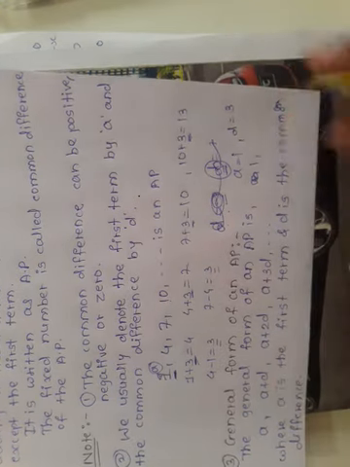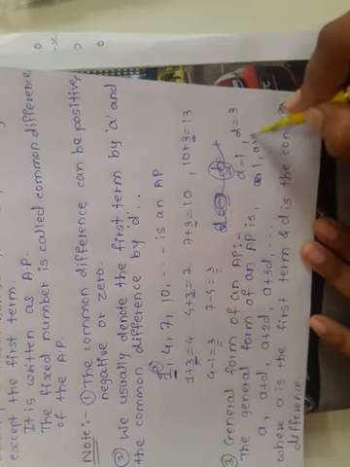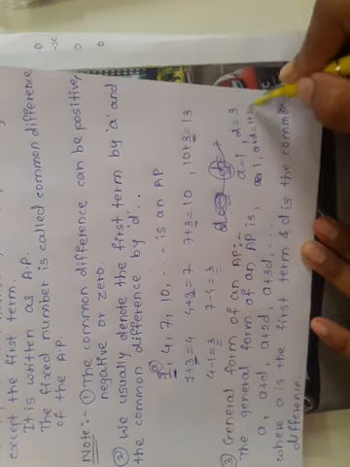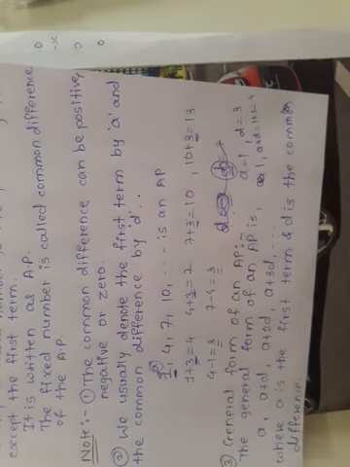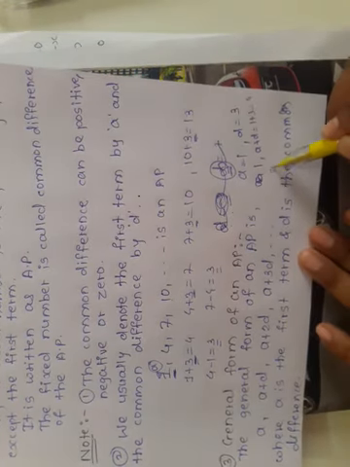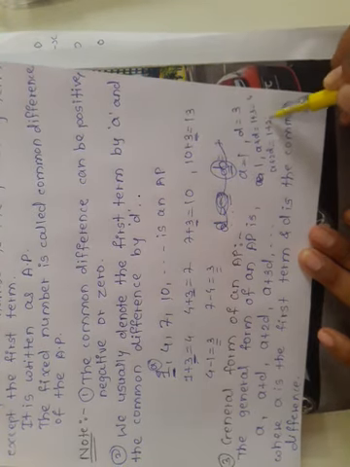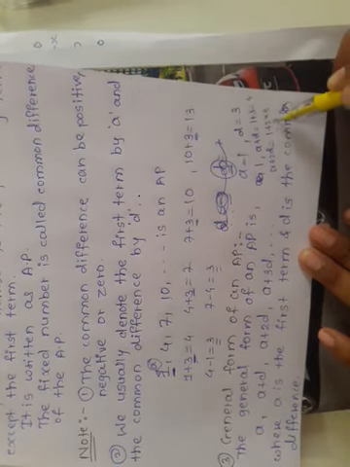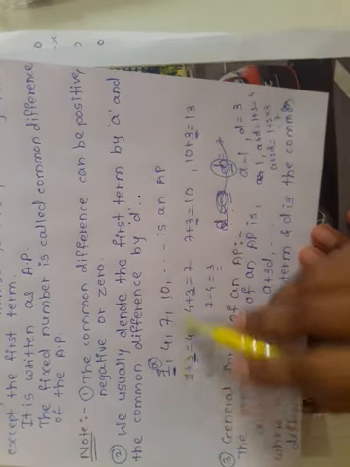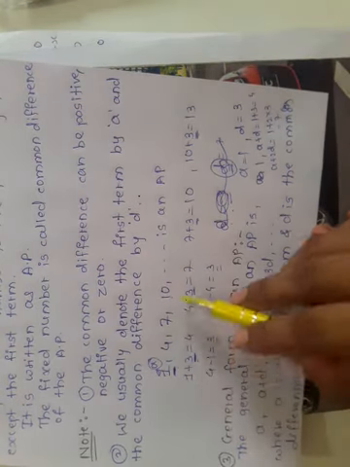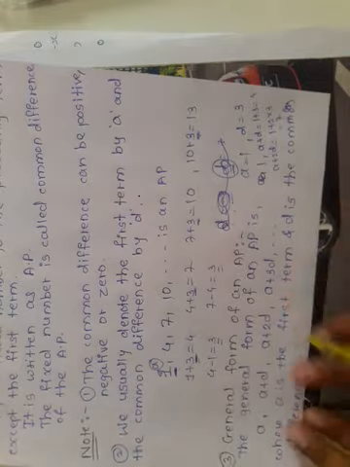A plus D is equal to 1 plus 3, which is 4. This is our second term. What about the third term? A plus 2D, which means 1 plus 2 into 3, which is equal to 7. Like this we get the sequence 1, 4, 7, 10, and so on. So this is the general form.